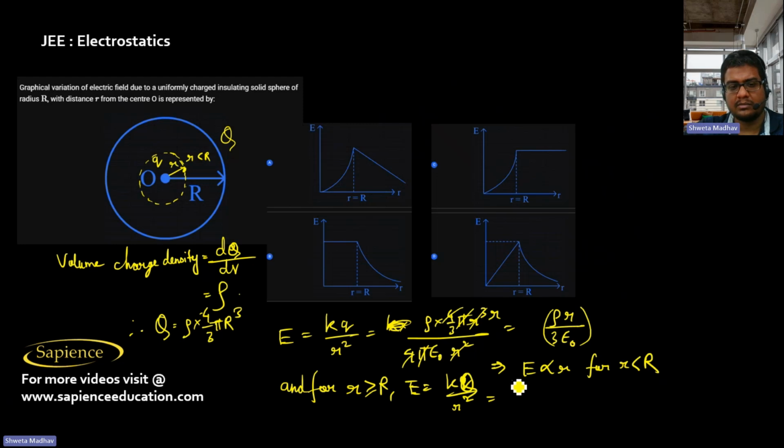So the entire charge will be rho into 4 by 3 pi R cube, into 1 by 4 pi epsilon naught r square. 4 by 4 pi will cancel, so it is going to be rho R cube by 3 epsilon naught r square.